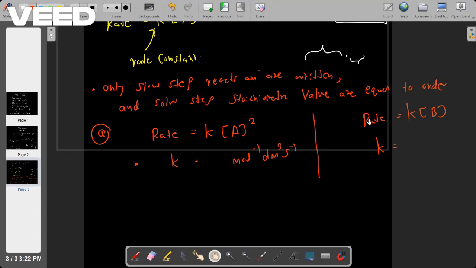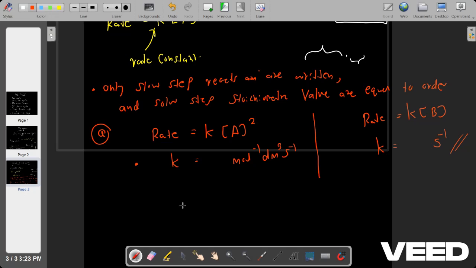Rate is moles per decimeter cubed per second, so you are getting only one per second this time. So the units of K change from one rate equation to another. It is not a constant value. The units of K depend on the rate equation, right?